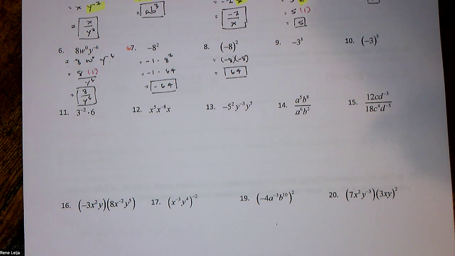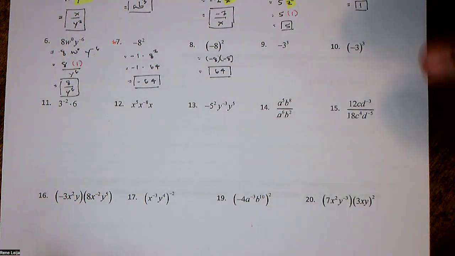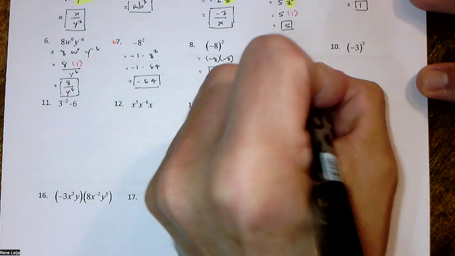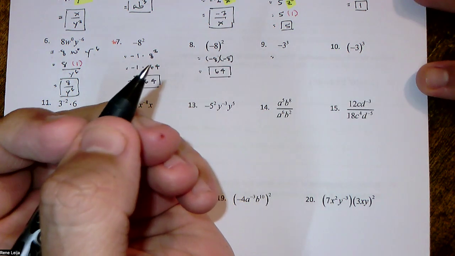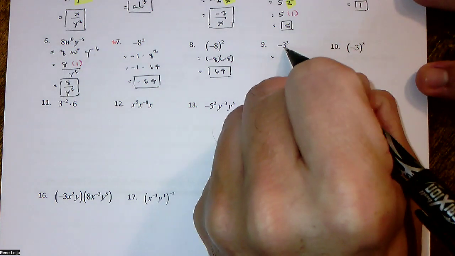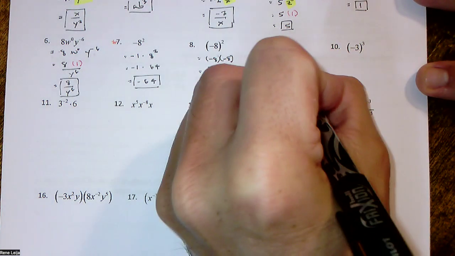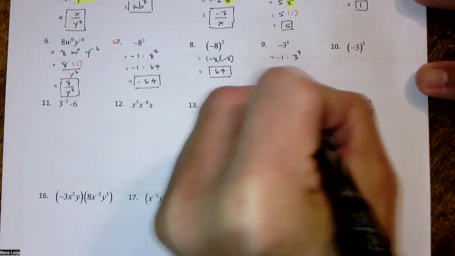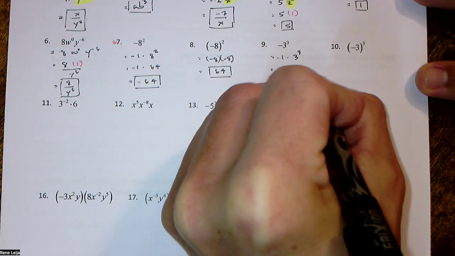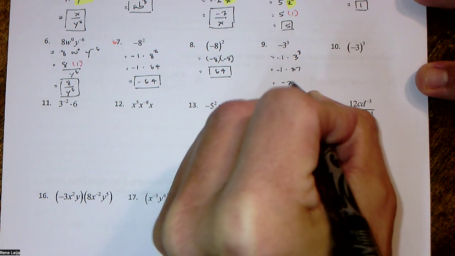Okay, now for number 9 and 10, you actually luck out because both of these are going to end up being the same answer. So again, here, the 3 exponent is only touching the 3. So this is negative 1 times 3 to the 3rd. So negative 1 times 27, which is negative 27.